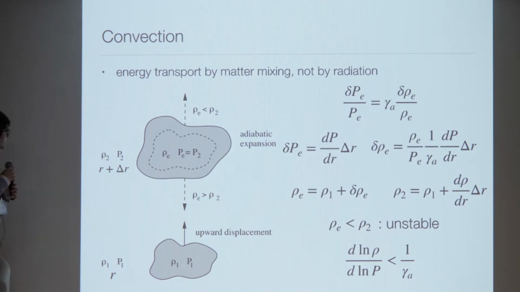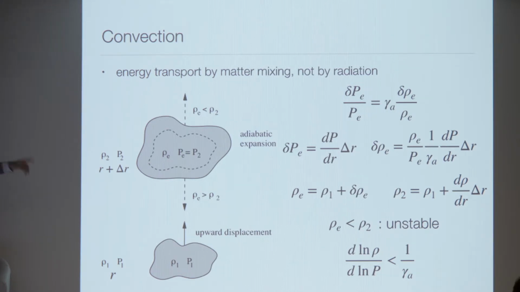So what this convection does is basically the motion of the material in the star. The radius scale over which this motion can happen is a pressure change, a typical pressure height.